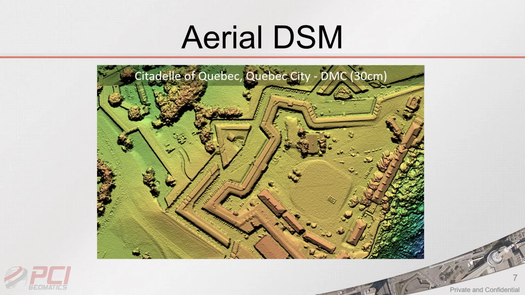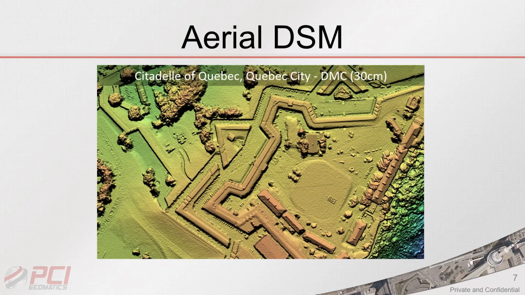So here we see a digital surface model that has been derived at roughly 45 centimeter resolution over a location in Canada. And you can see the stunning level of detail here. We can see micro elevation that's related to the terrain.